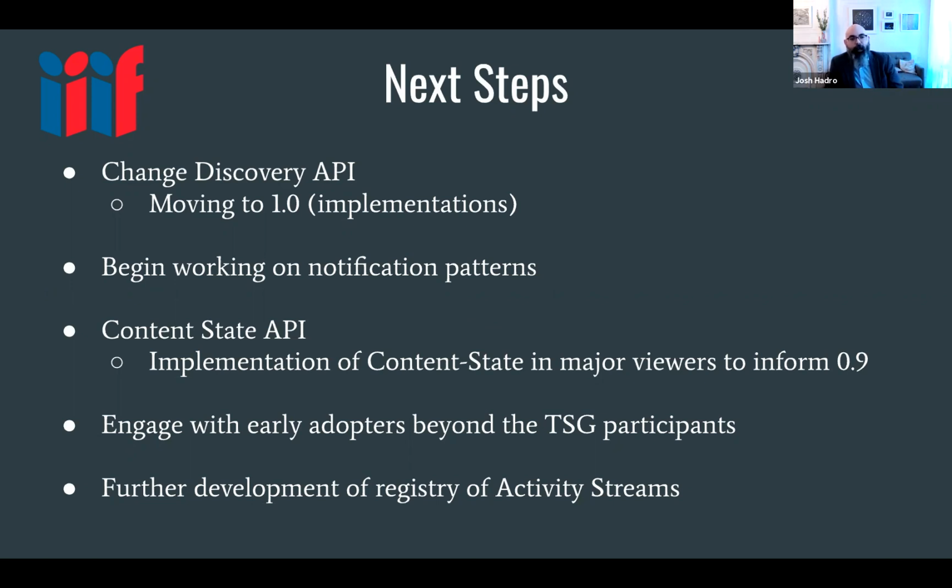Moving the work ahead on the content state API, so hoping to inform a 0.9 release that's ready for some implementation feedback. And then engaging with early adopters, working with the TSG and seeing how that's all going, and continuing the development of the registry we just spoke about.